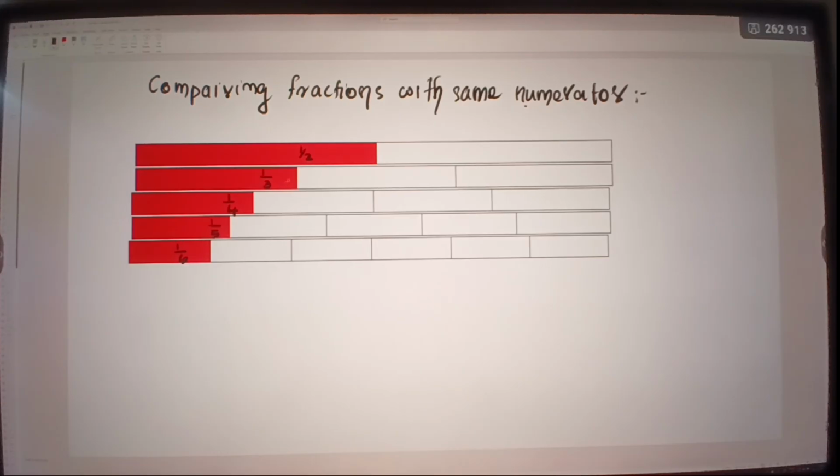So as the denominator increases, the fraction is getting smaller. So the highest fraction is 1/2, 1/3, 1/4, 1/5 and 1/6. So as the denominator is getting bigger, the fraction is getting smaller.